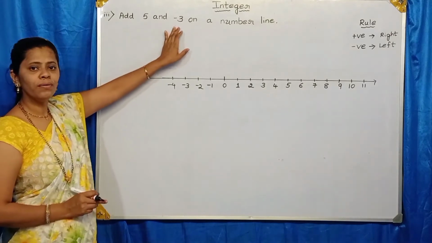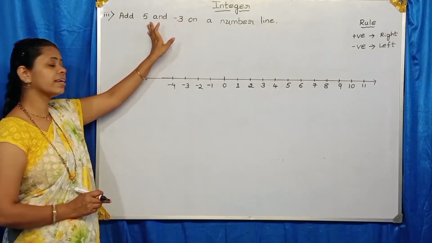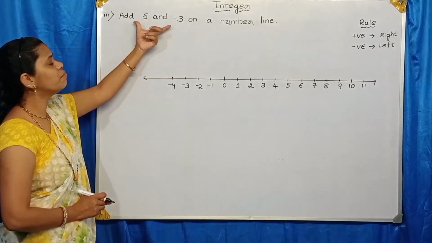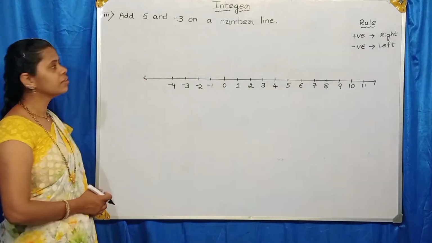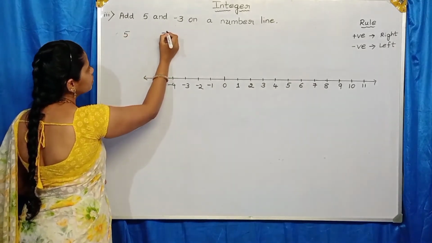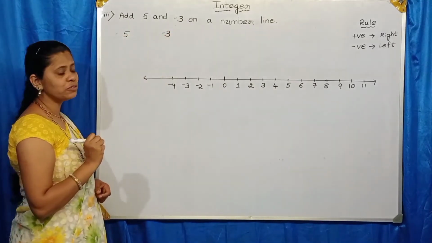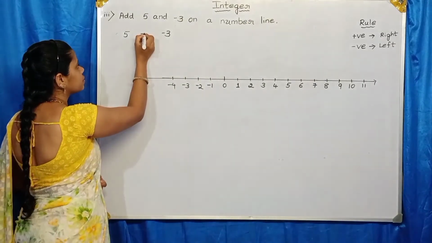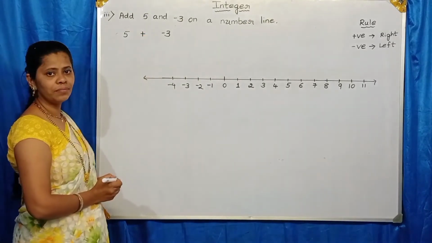Okay. Now, let's come to the second part of the question. That is, add 5 and minus 3. 5 and minus 3 we have to add. What is the symbol for addition? Plus. Isn't it?